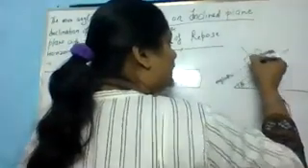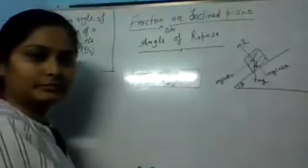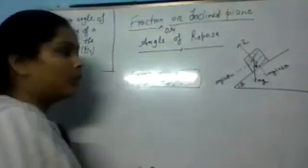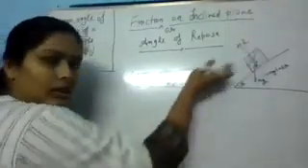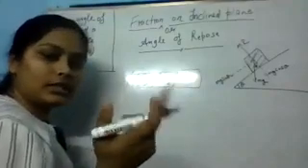And the perpendicular reaction force also works, we know that. And the second thing, if the direction of motion is this, then what is the direction of the static friction?